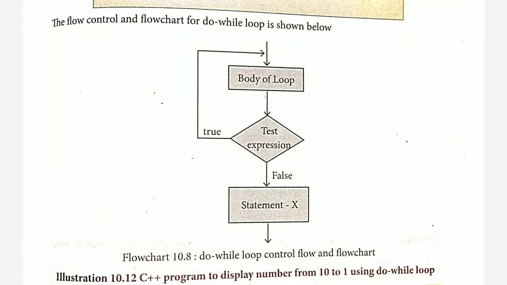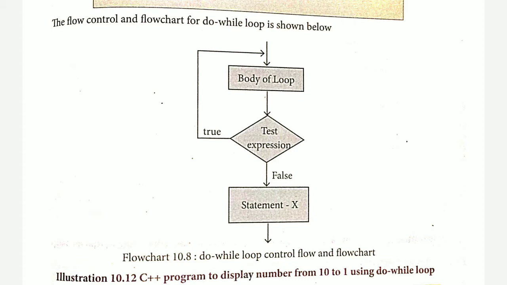Here you can see the flowchart of do while loop. In this flowchart, you can clearly see that the body of the loop is executed for the first time without any checking. So it will execute the body of the loop at least one time, even though the test expression is false.